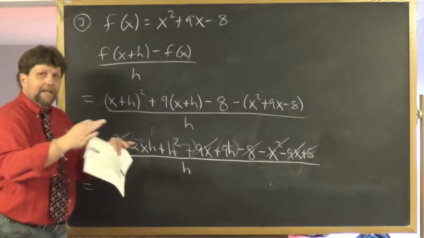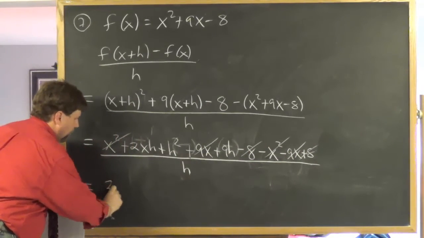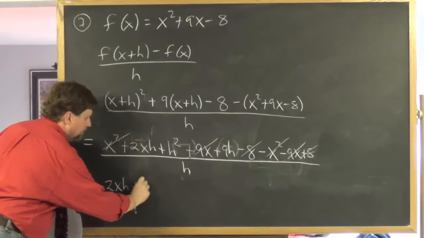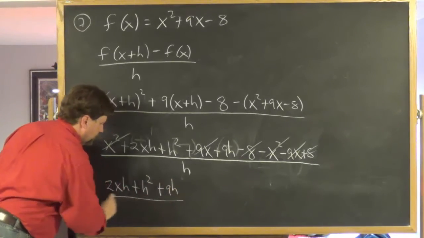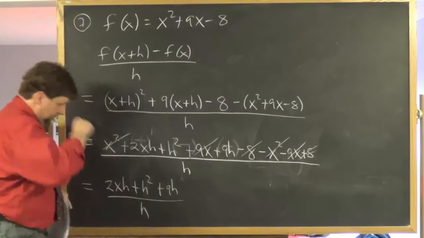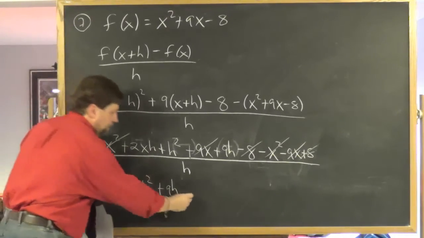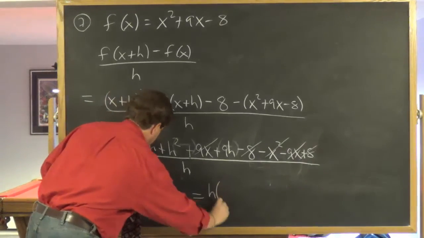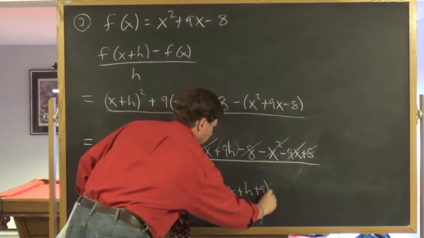So we had a lot of stuff cancel out of the numerator. Here's what we have left in the numerator: 2xh plus h squared plus 9h. Okay, we're almost done. Look in the numerator, you can factor out an h. So we factor an h out of the numerator.